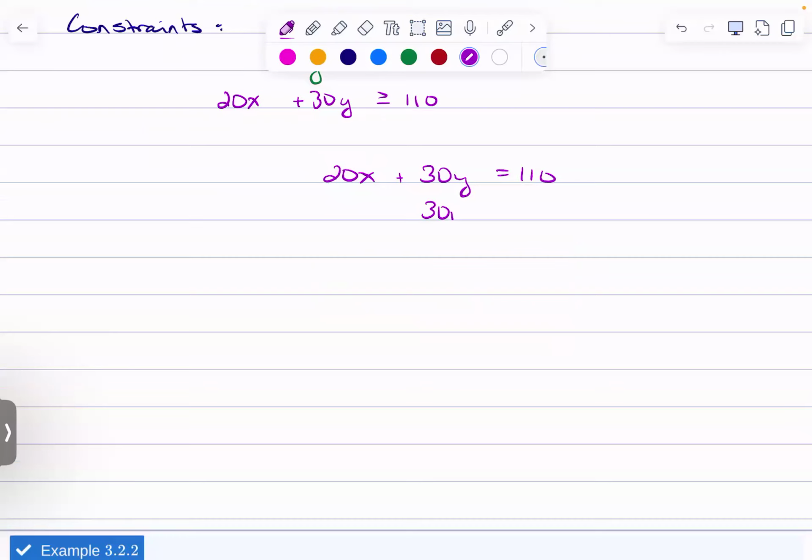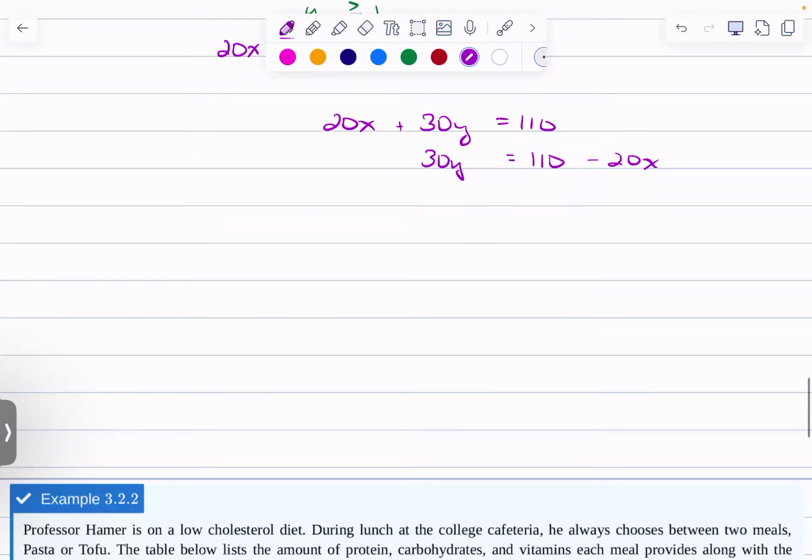So now I get 30Y is 110 minus 20X. So Y is 110 minus 20X, all divided by 30. It's going to make a mess, I suspect, from seeing it out there. 110 divided by 30 is gross. 3.667.